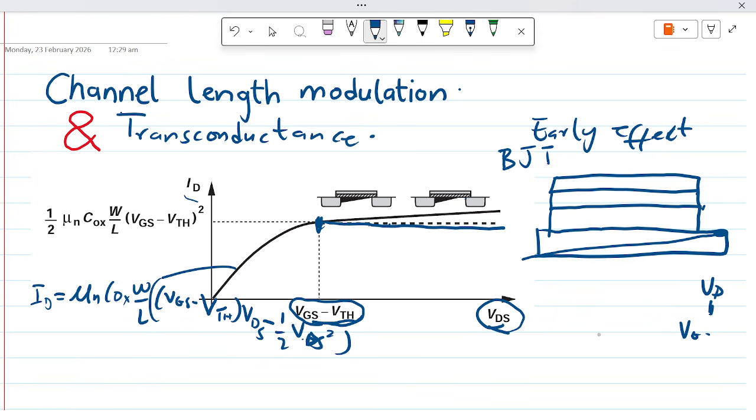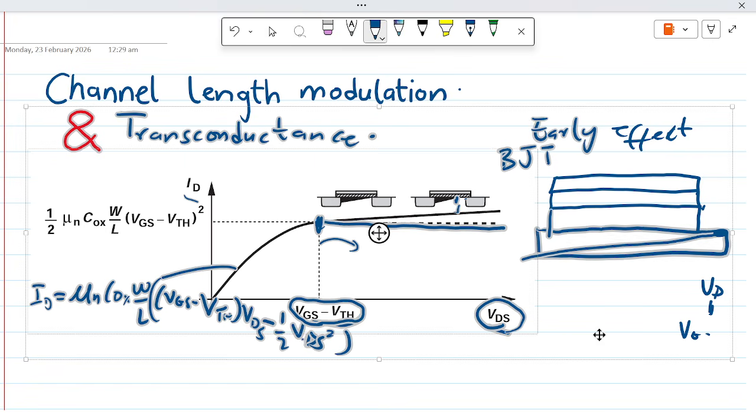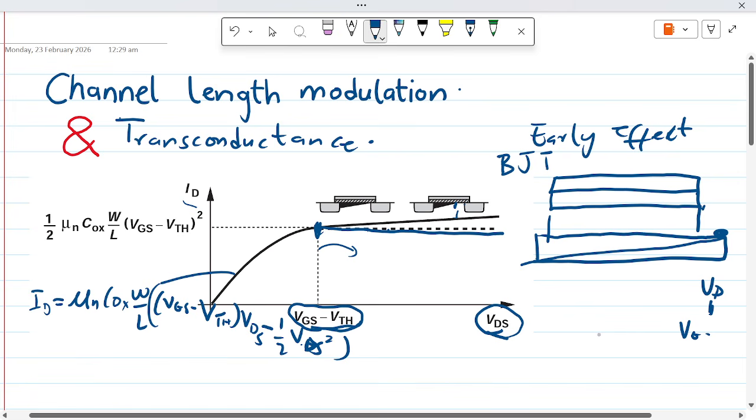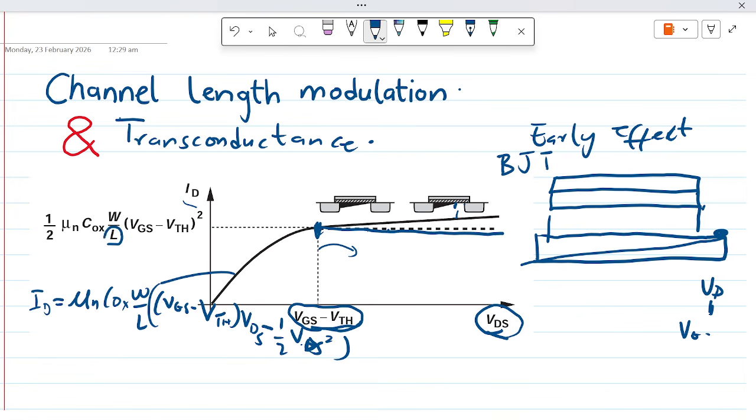But as I further increase VDS, the pinch off would also move further to the left. That means the effective length of the channel reduces. From the equation, we can tell that as the length reduces, because the pinch off has now pushed to the left, the current would also increase slightly.